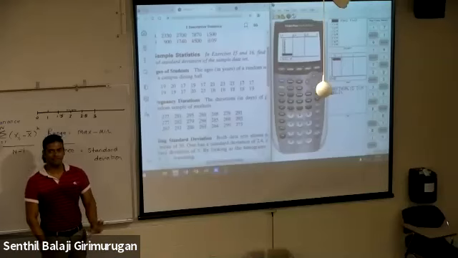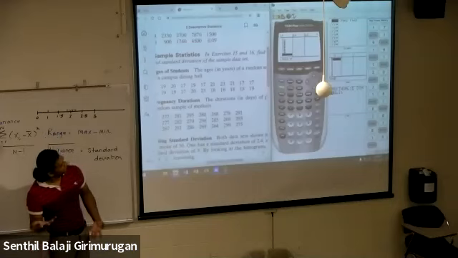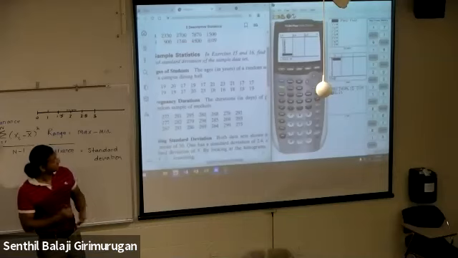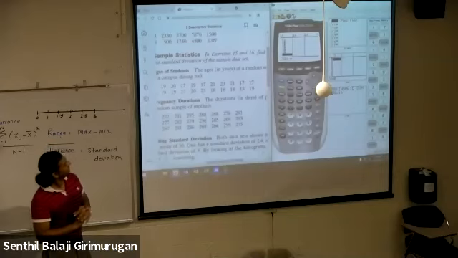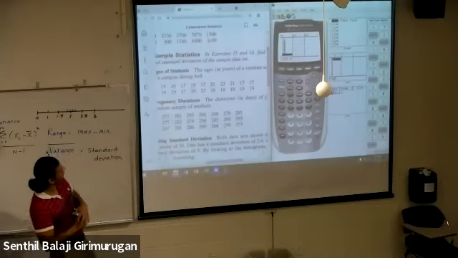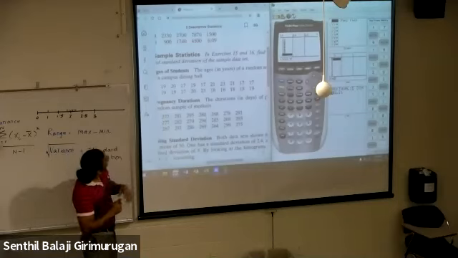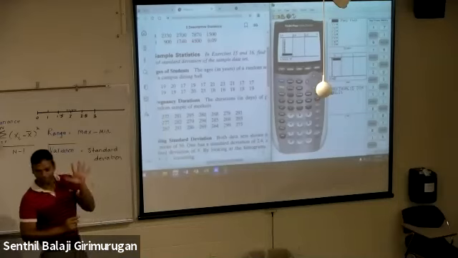Take a guess, just the average. 19, it's 17. Well, what is a mode? Mode, like most frequent observation, 17 and 19, and both of them repeat 5 times.